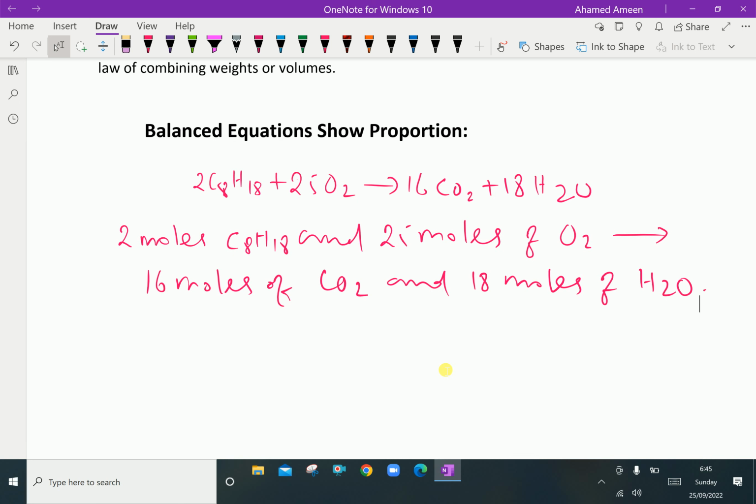Normally the coefficients in a balanced equation show the relative numbers of moles of the substances in the reaction. As a result, we can use the coefficients in conversion factors called mole ratios. A mole ratio bridges the gap and can convert from moles of one substance to moles of another substance.